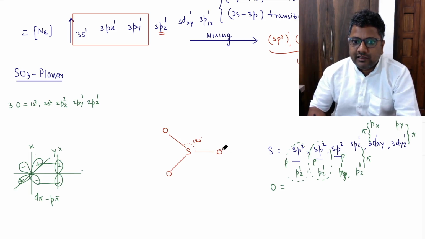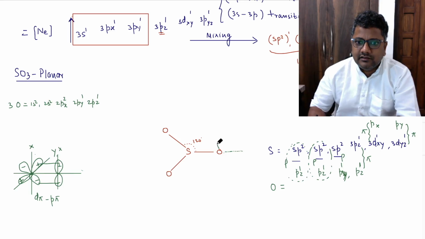Now see, pz, one oxygen atom. Suppose that this is x axis. We cannot show the axis here. This is PZ, PZ.